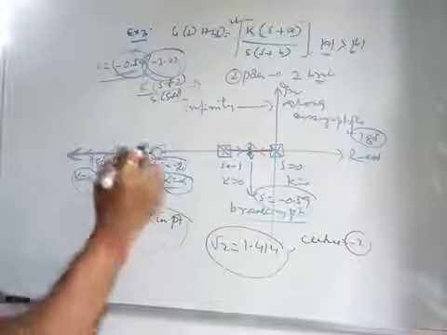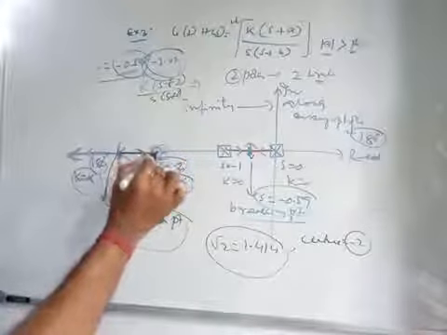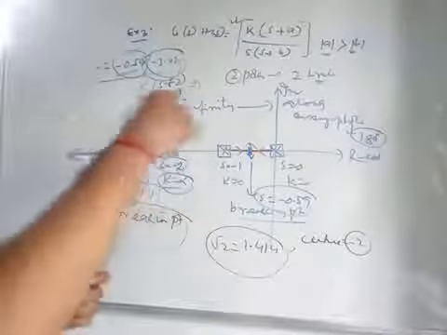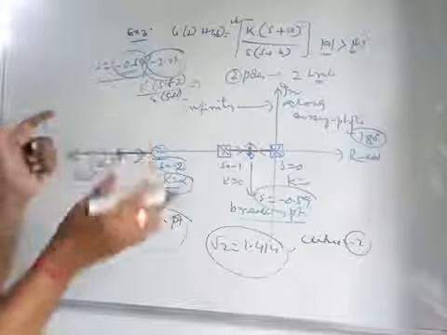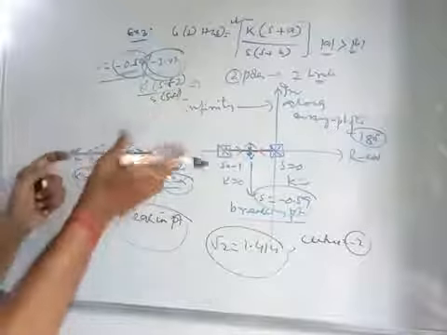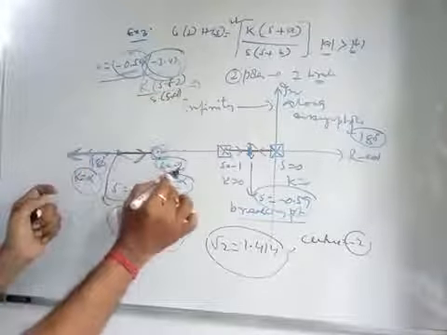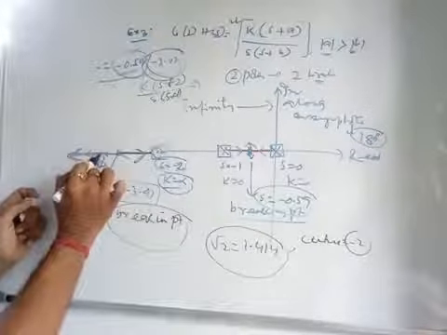So the center is in this position. If this is -2, definitely -3.41 is somewhere like this.